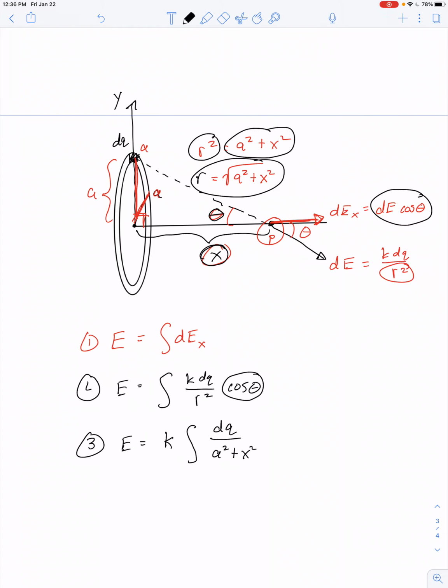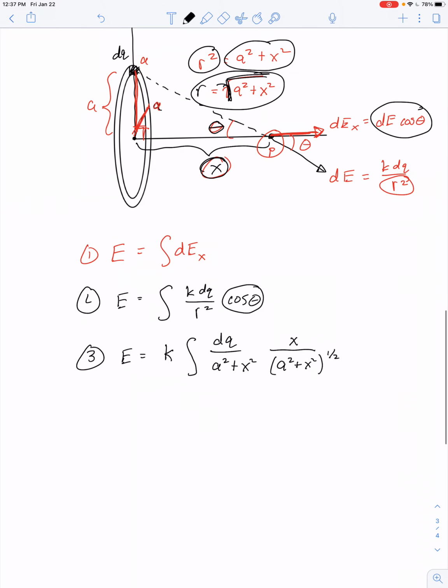So we can replace cosine theta with x over a squared plus x squared to the 1/2 power, same way as saying square root, right? So E is equal to k times the integral of x dq divided by a squared plus x squared to the 3/2 power.